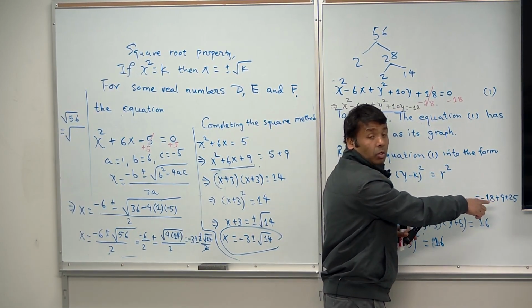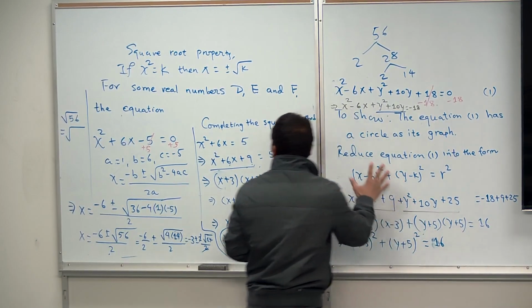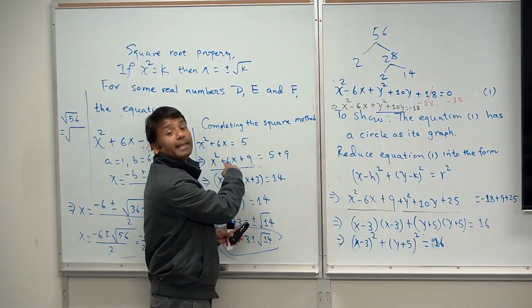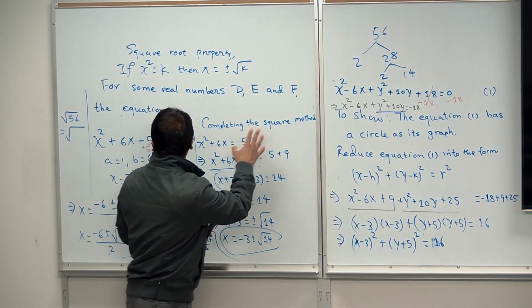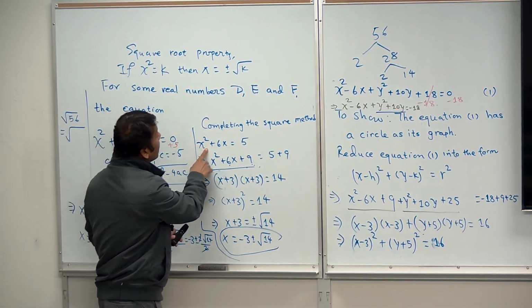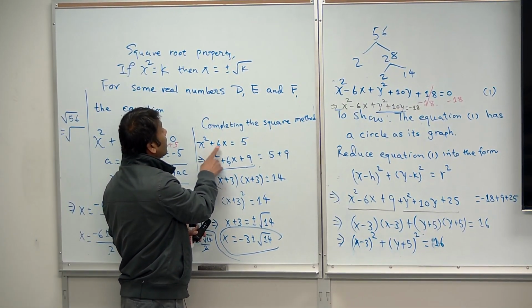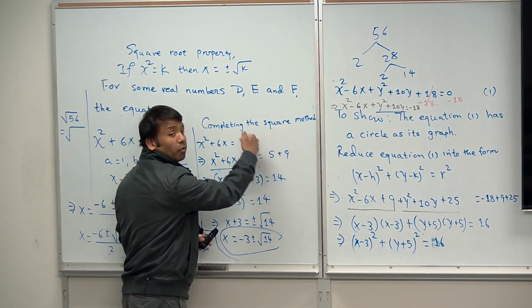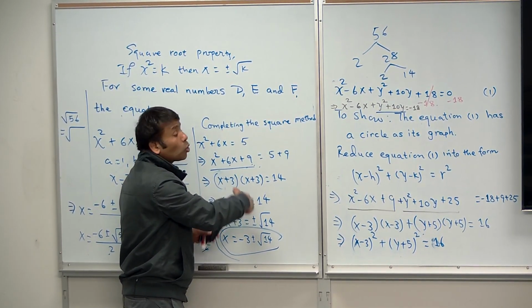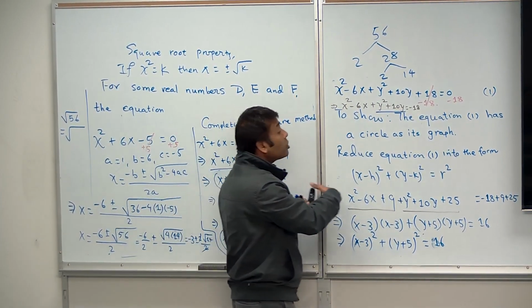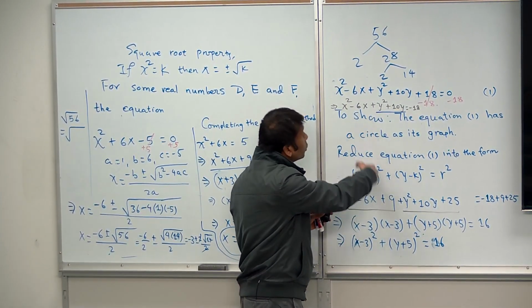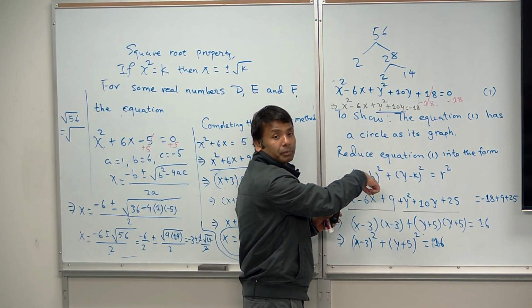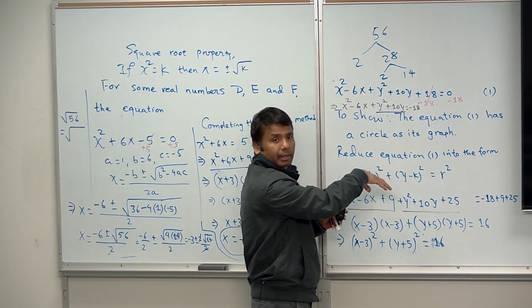So I just want to tell you this is similar to this. When you have a quadratic equation like this, how do you solve it using the completing the square method? You follow this process. So we are using a similar method to solve this problem. That makes sense?